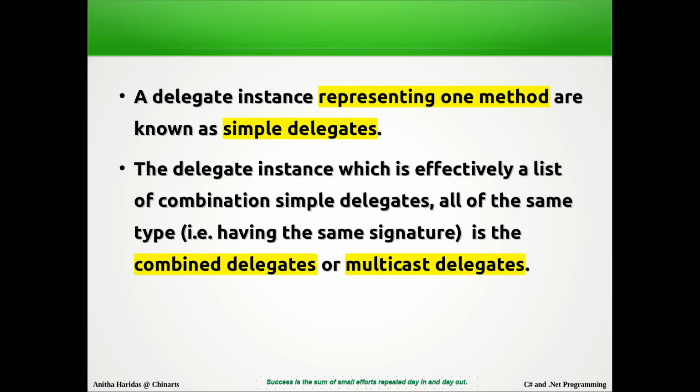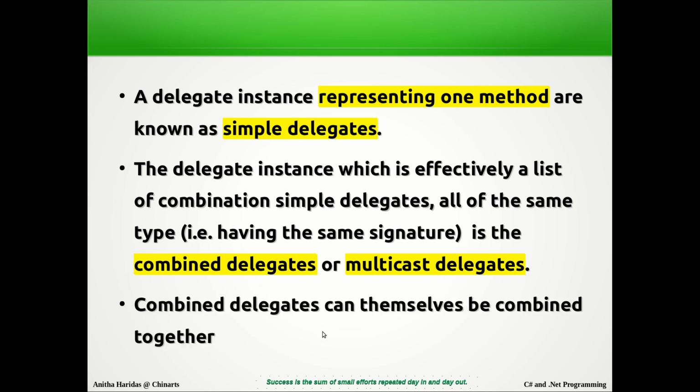So if a delegate object is pointing to only one method, we call it a simple delegate. If a delegate reference or object is pointing to more than one simple delegate combined together, then we call it a combined delegate or multicast delegate.